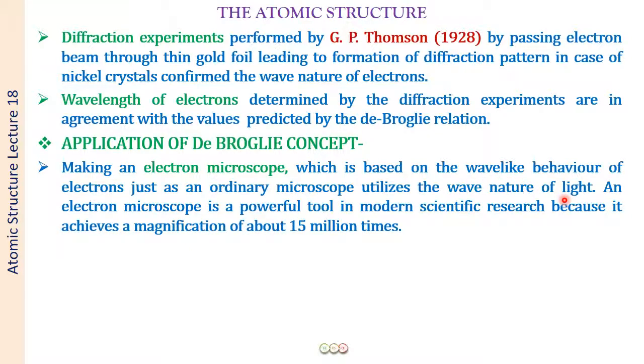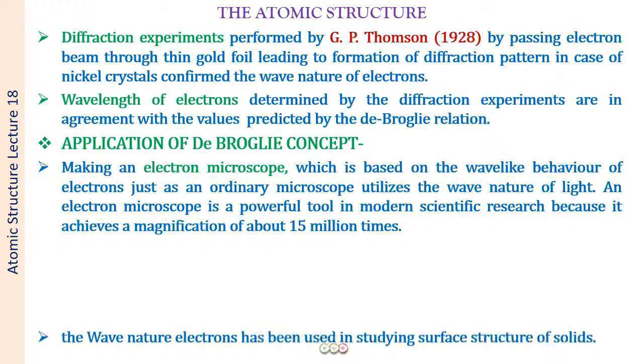And an electron microscope is a very powerful tool in modern scientific research because the magnification it can achieve is awesome, right? It can magnify about 15 million times as compared to an ordinary microscope. So you can understand how much magnification there can be, and it is going to really give an in-depth study of anything.